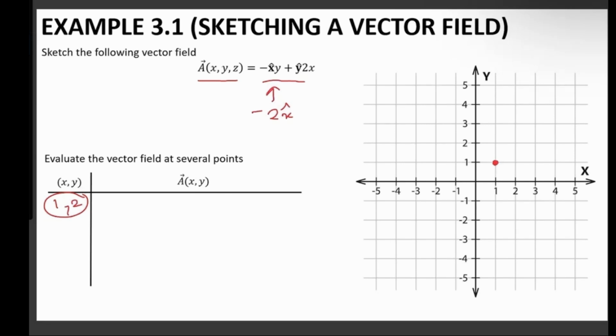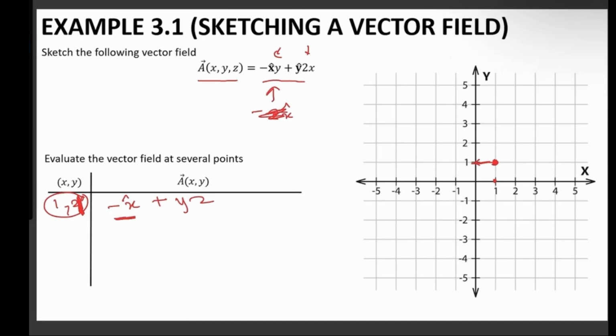It will become minus x plus 2y. That means the x coordinate is minus 1, so minus 1 means go to the left one segment.